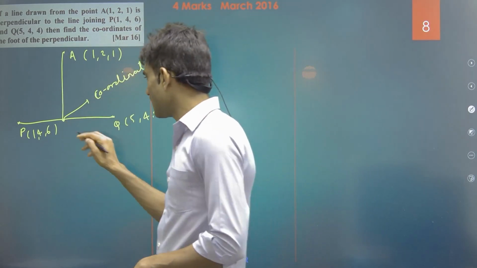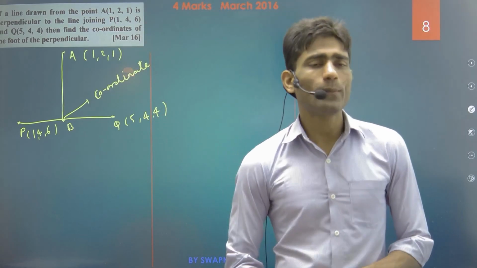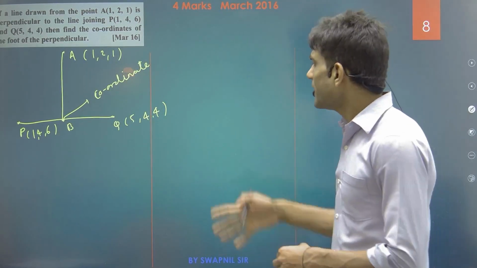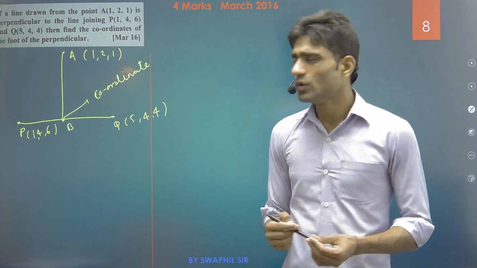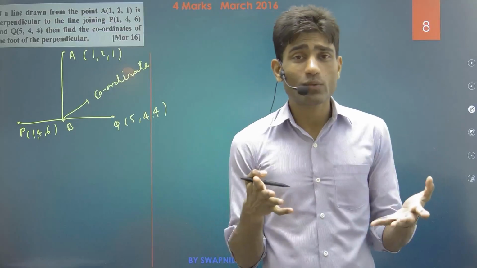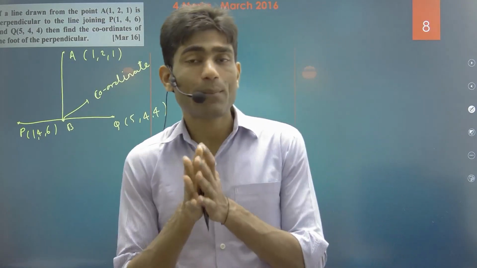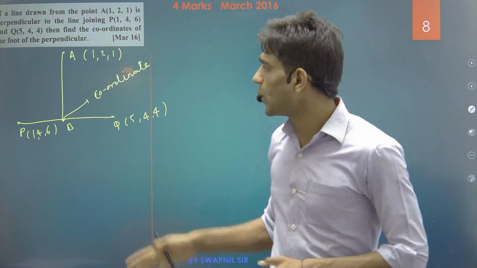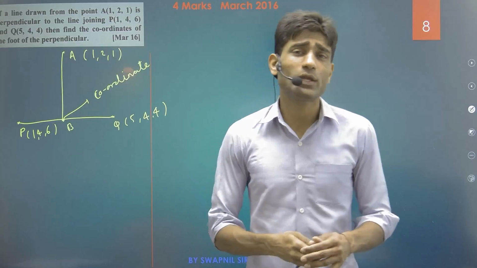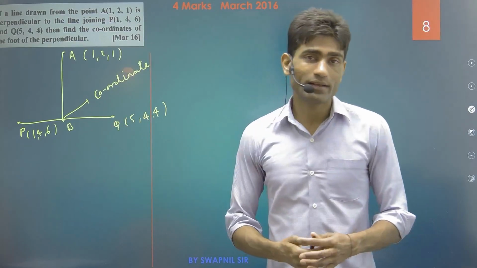Consider this point as B. We don't know whether the ratio PB to BQ is equal, so don't directly apply the midpoint formula. Always apply the section formula for internal division, because the point B divides the line segment PQ internally.